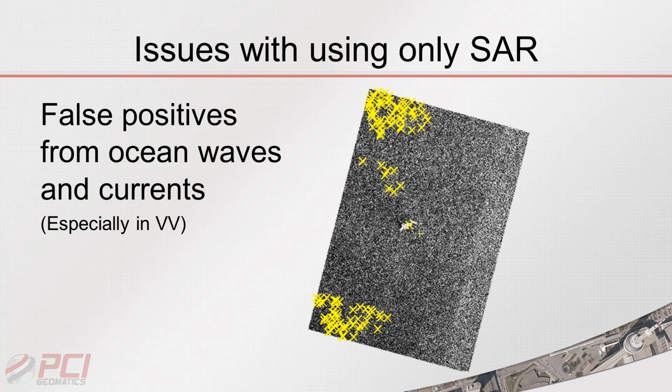As a result, this can create false positives. Obviously, we prefer to use HV or HH data, which is less sensitive, but when you're trying to create an automated, continuous monitoring system, it may not be possible. You may have to work with the data you have. So by combining both the SAR and optical imagery, we can improve our results significantly.